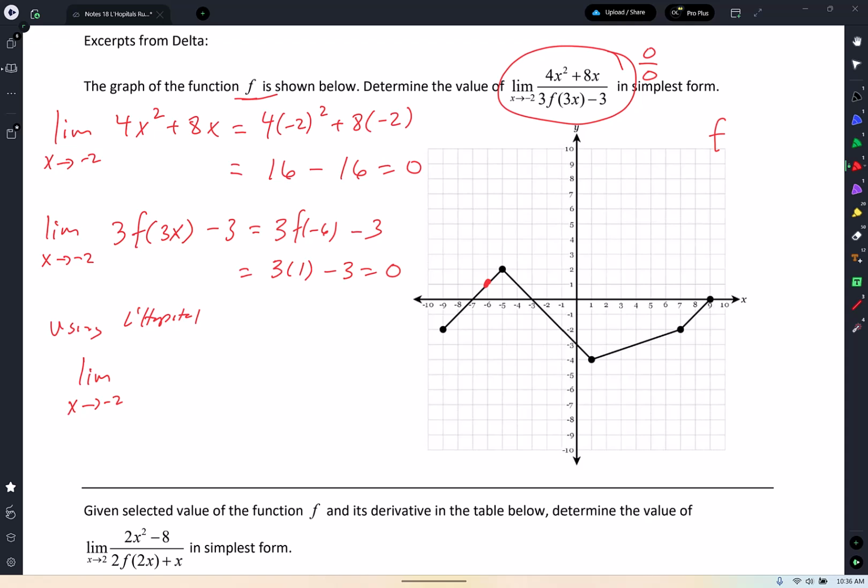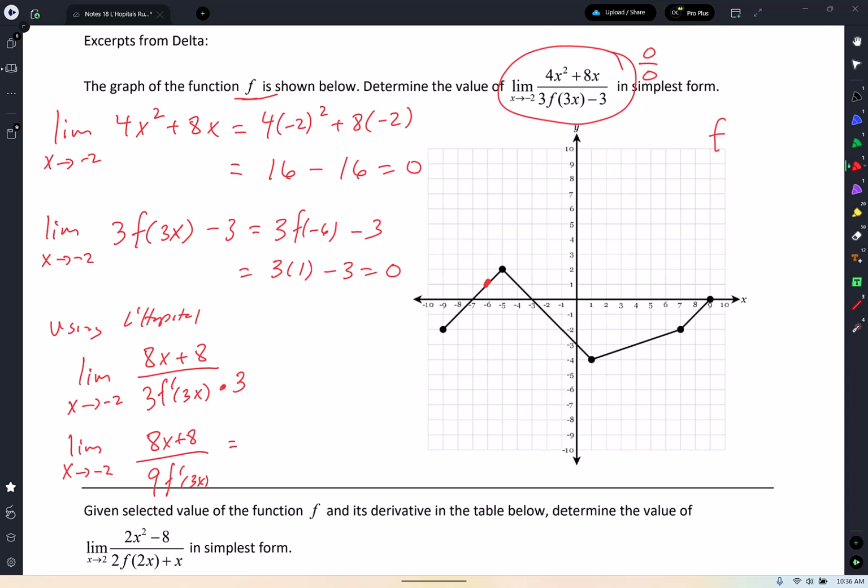The derivative of 4x squared plus 8x is 8x plus 8, over 3f prime of 3x, chain rule guys, times 3. So let me rewrite it again: limit as x approaches negative 2 of 8x plus 8 over 9f prime of 3x.